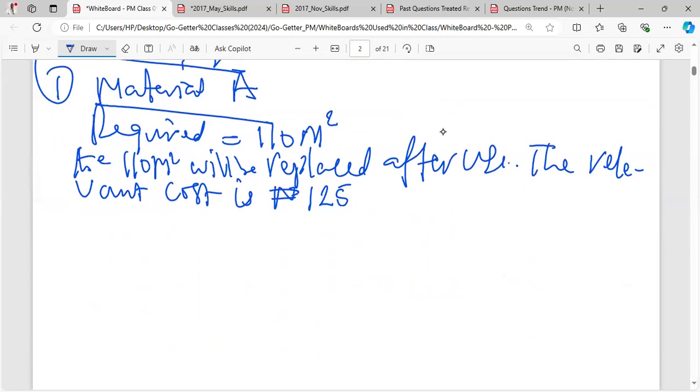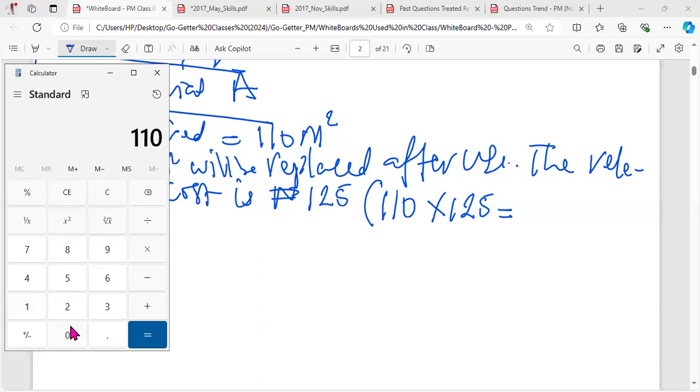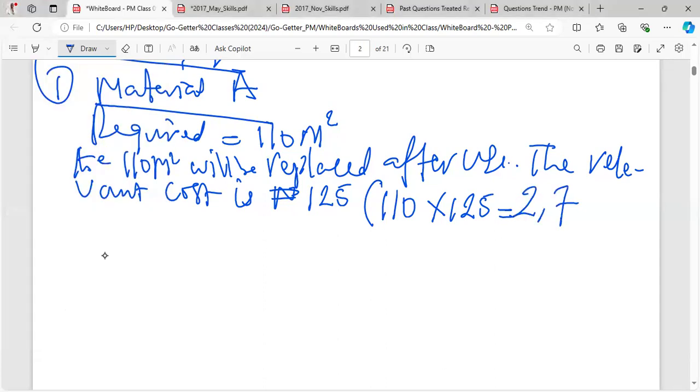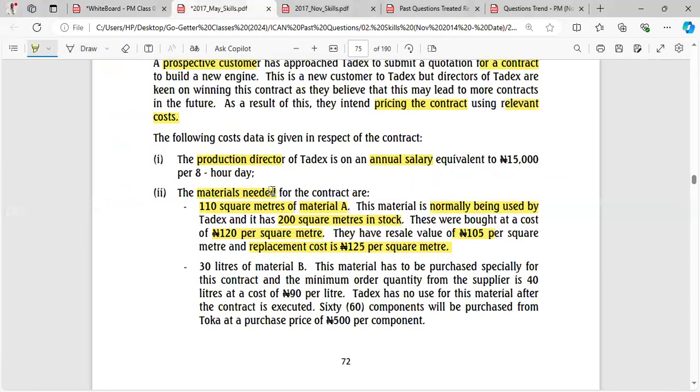We will say 110 times 125, which will give me what? 110 multiplied by 25, that will give me 2,750. Okay, so this is the relevant cost for the whole materials that is being used.